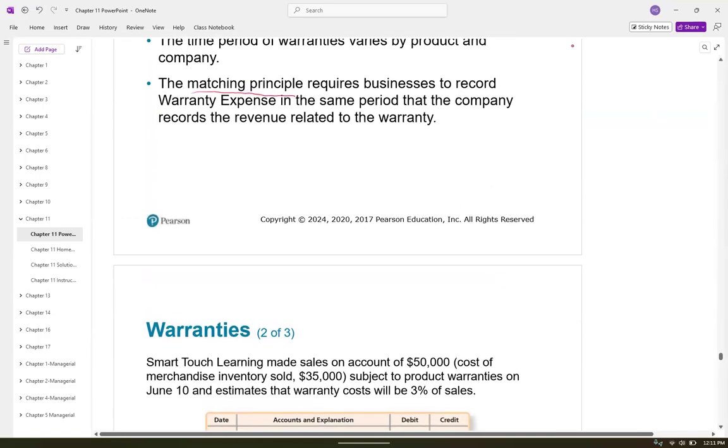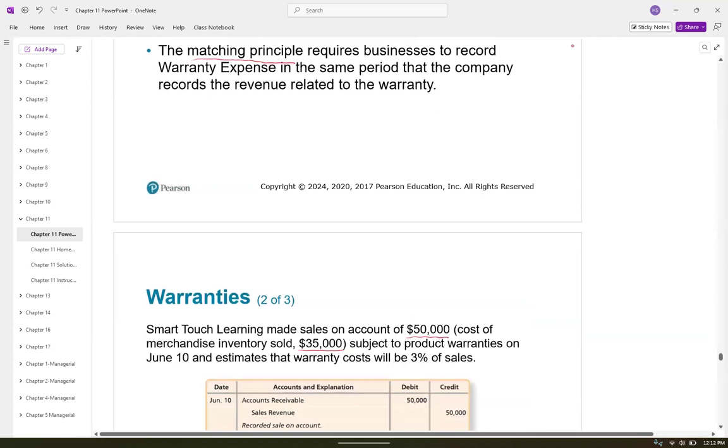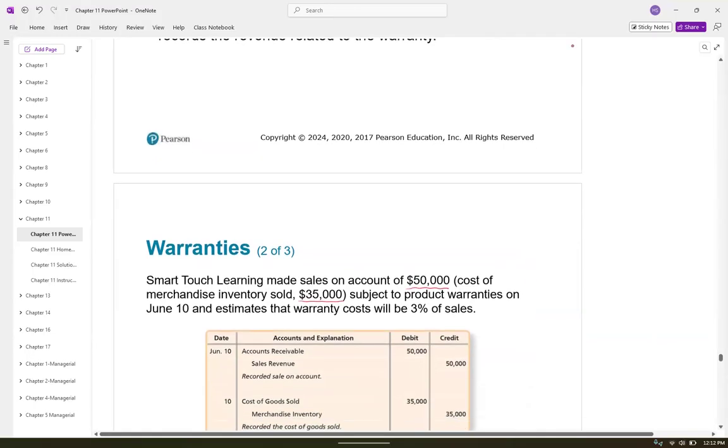Smart Touch Learning made sales on account of $50,000. Cost of the merchandise inventory sold 35,000. Don't forget, when you sell inventory, you've got to make those 2 journal entries, okay? So the very first one is to debit the accounts receivable, credit the sales revenue. Then we are going to debit cost of goods sold, credit merchandise inventory.